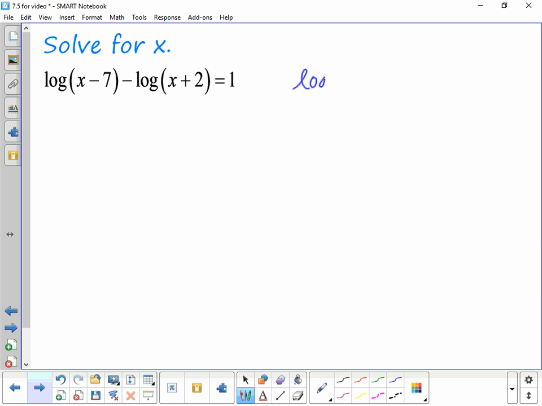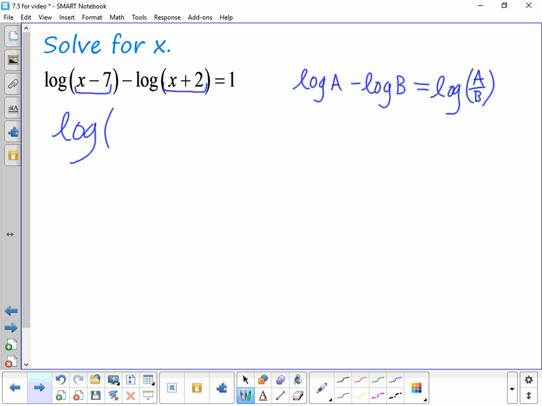We have our log property that tells us if we have a log and we subtract another log, that's the same thing as the log of the quotient of the arguments. So it's the log of a over b. This would be my first part, and this is going to be that second part, the b. So it'll be the log of x minus 7 over x plus 2 is equal to 1. And again, I just used this log property to condense it.